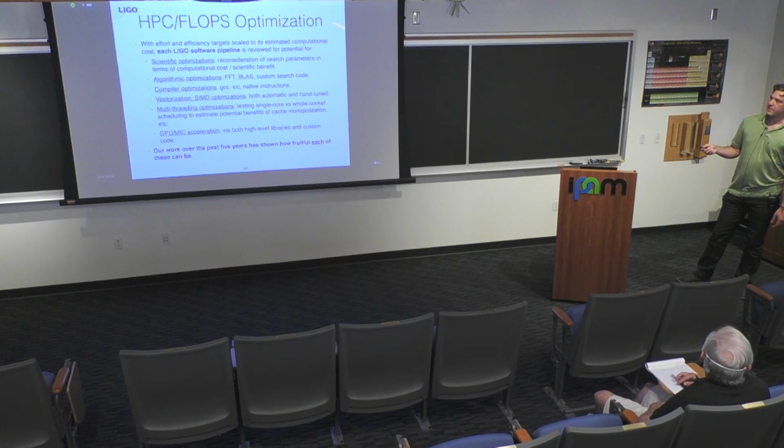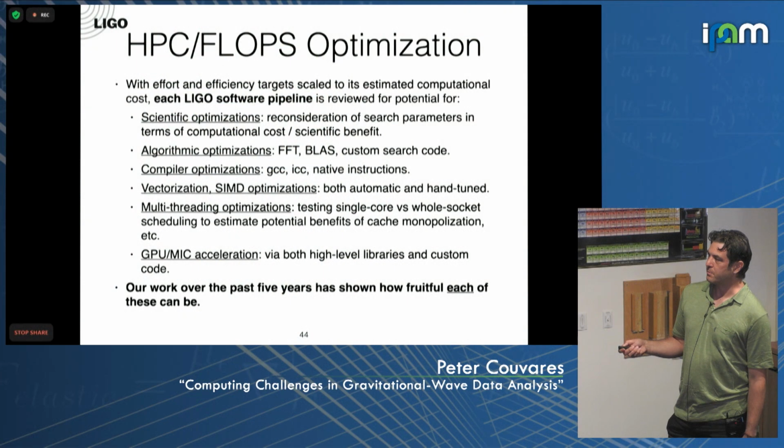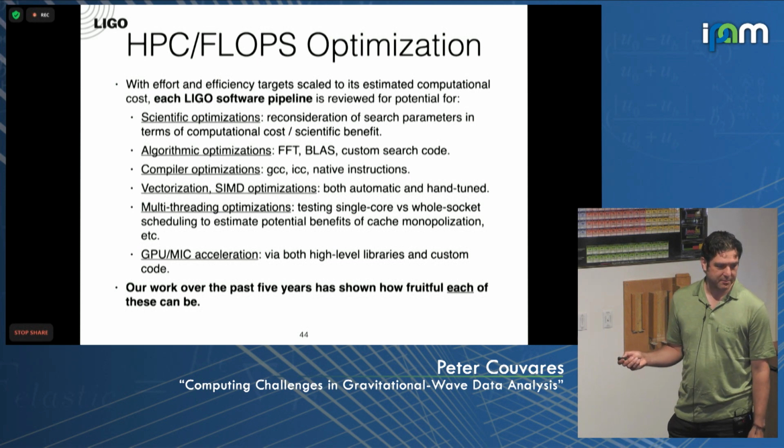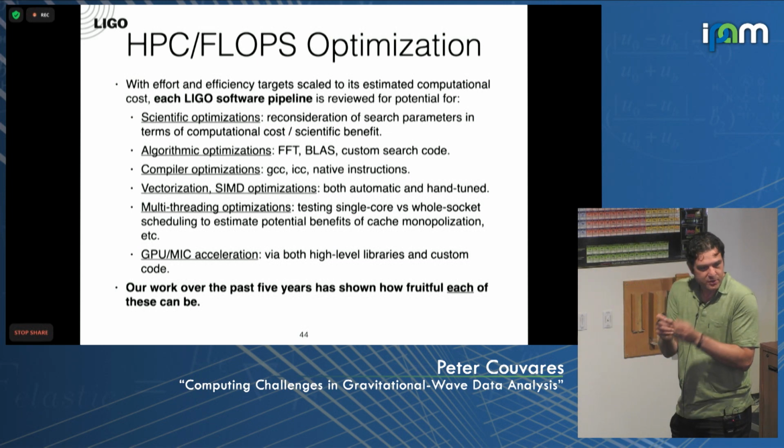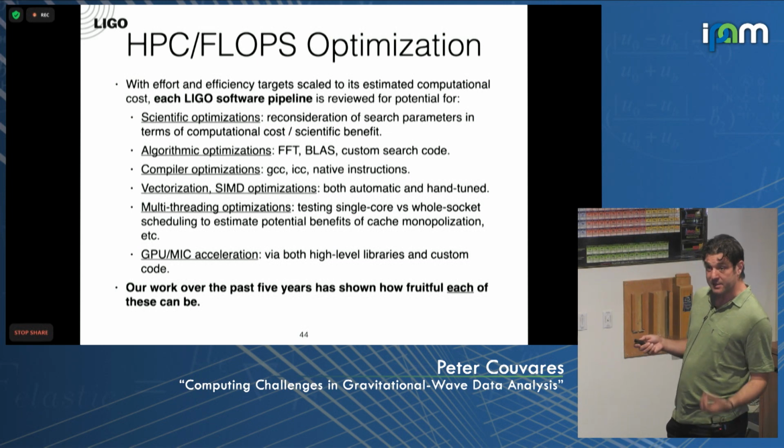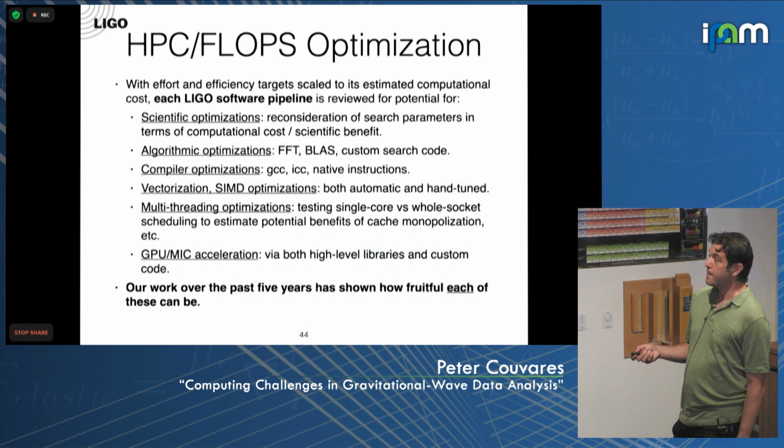Part of this is what a lot of people, particularly programmers and software developers, think of as high performance computing, floating point operations per second optimization. When you think optimization, you think of the hot loop inside your code. Can I make that run faster? That's a big part of optimization, so algorithmic optimizations, but there's also things like scientific optimization.